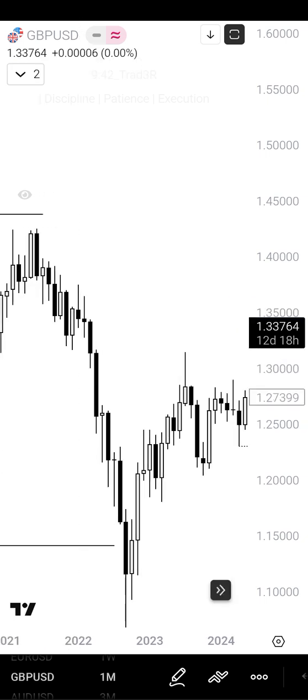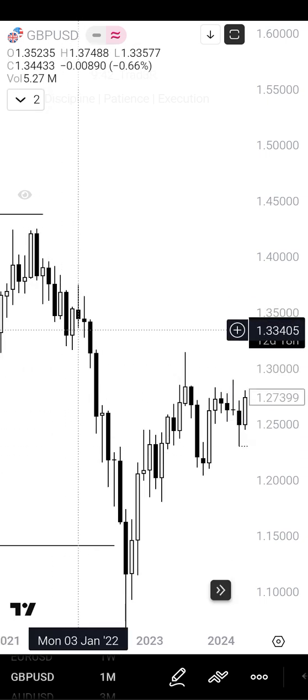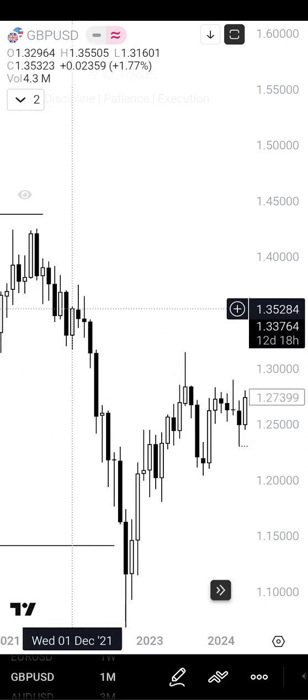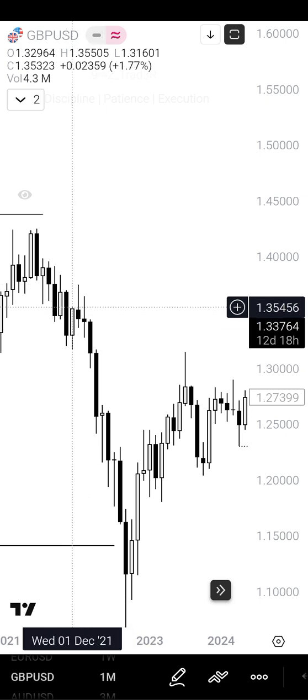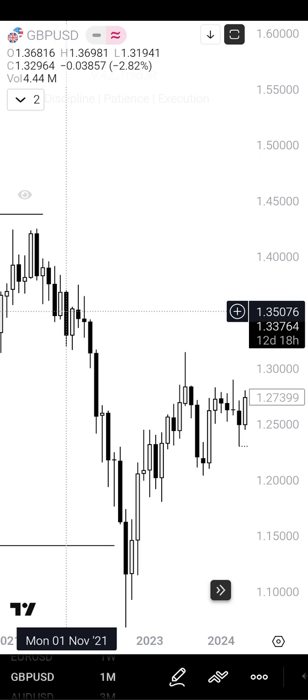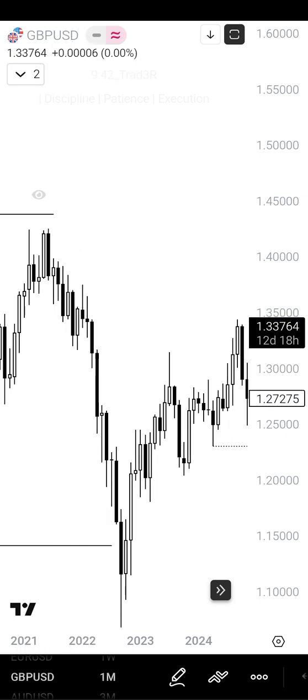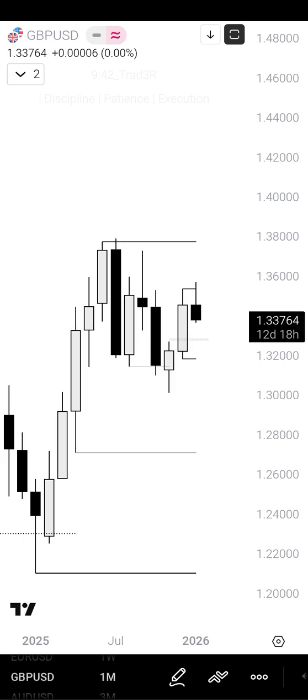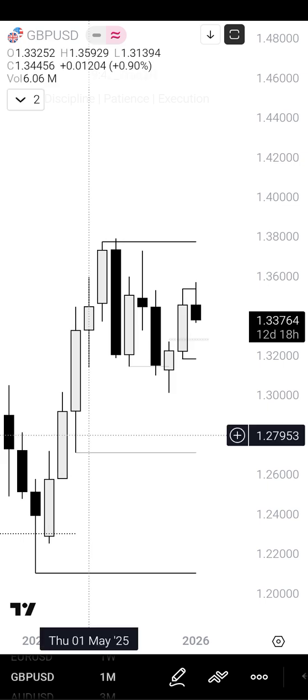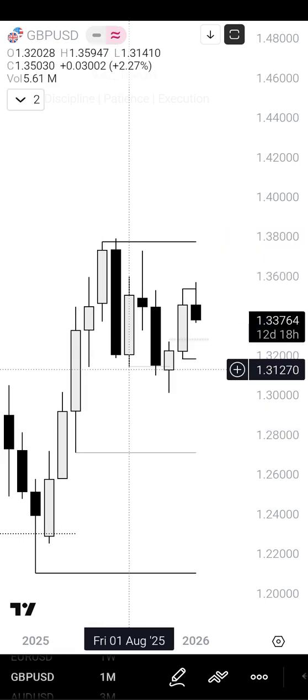The swing high is basically a three-candle formation that has a higher high in the middle, with a lower high to the left and a lower high to the right. So price took this swing high out in premium. Ever since then, GBPUSD has been consolidating, bouncing between this high and this low.